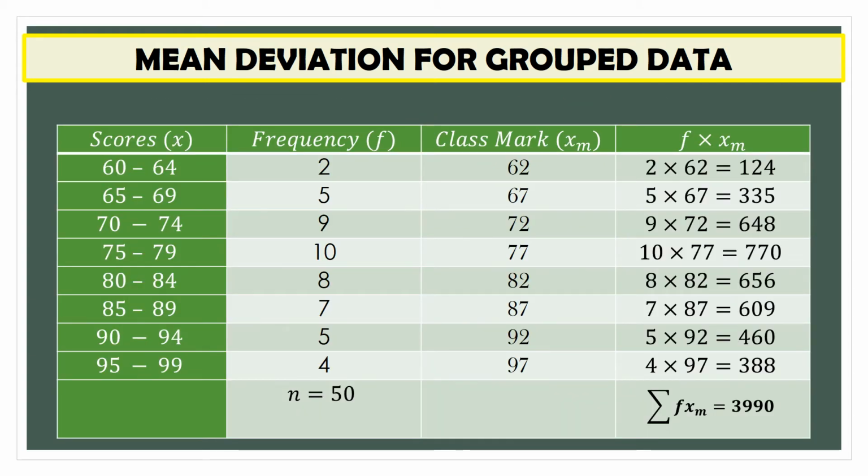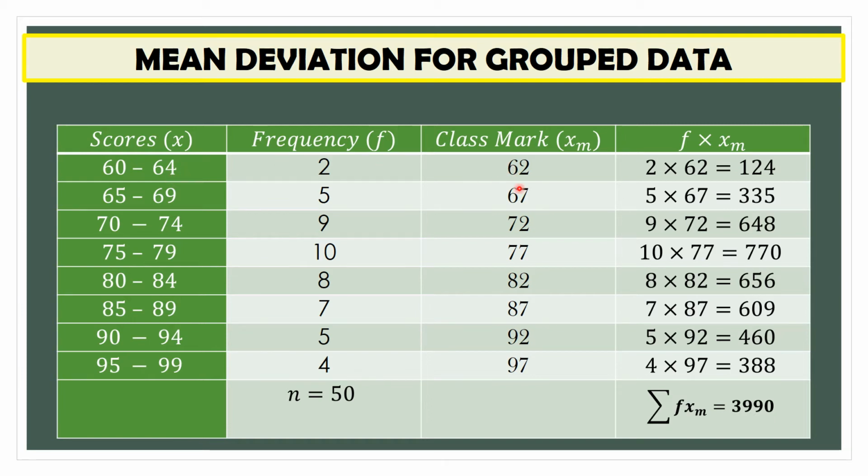Then, we are going to construct a table like this. So, earlier there was a table given, we are going to add 2 columns to the right, consisting of the class mark and the product of the frequency and the class mark. Now, the class mark, as discussed during our last topic, our last video, is simply the lower limit plus the upper limit of the given class interval divided by 2.